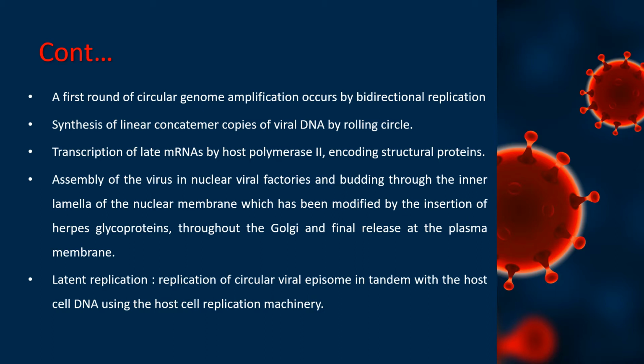After the formation of the structural proteins as well as the double stranded DNA replication, the virus enters the assembly stage. Here the double stranded DNA is packed into the preformed viral capsid.